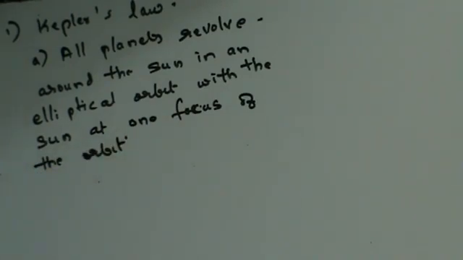That is Kepler's law. So all planets are going to be moving in elliptical orbits. This law is also called the law of orbits. So Kepler's law of orbits says that all planets move in an elliptical orbit.